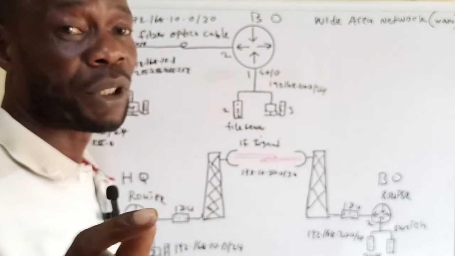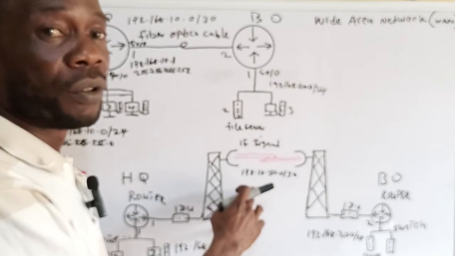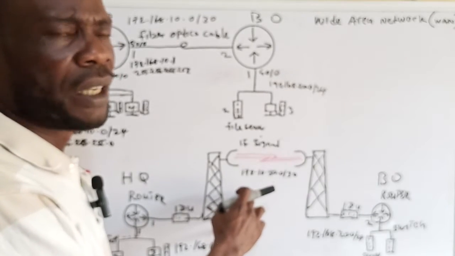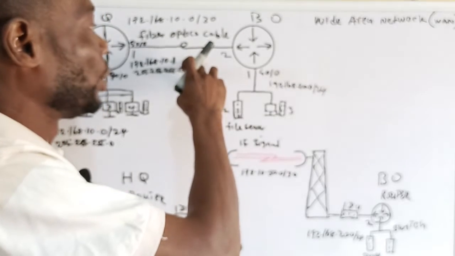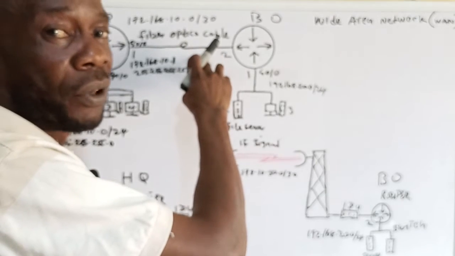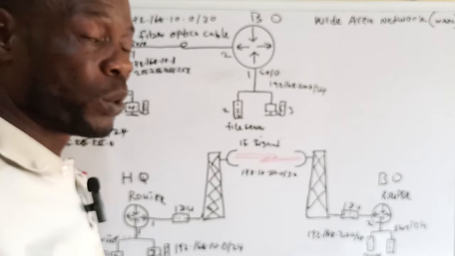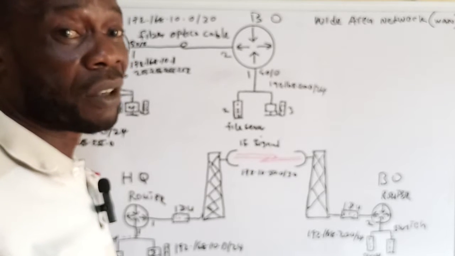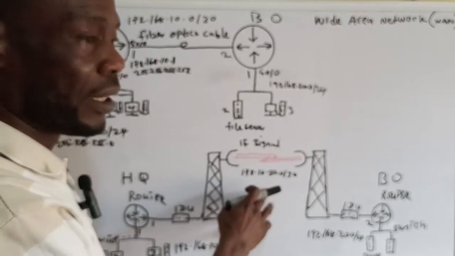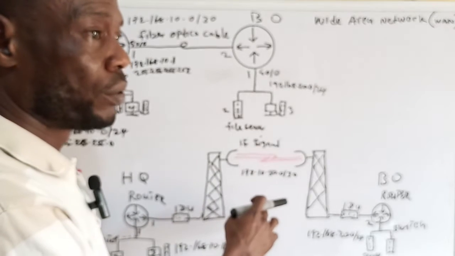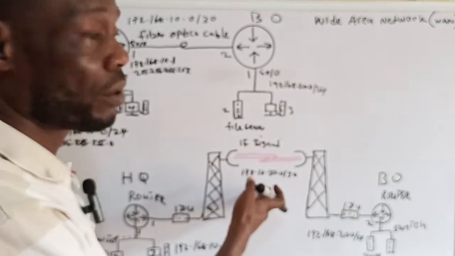Though you may not be the one to do this, there are professionals, engineers that do this. Even the fiber, certified fiber optic technicians will do this for you. Here, certified microwave transmission engineers will establish this connection for you.